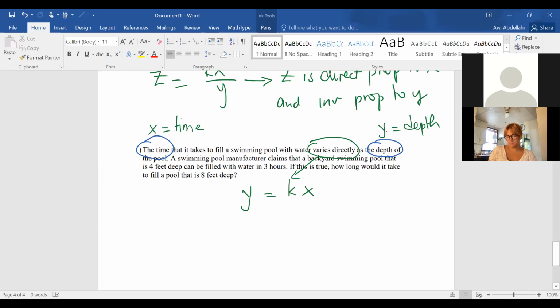Because remember, Y represents the depth. So the 4 feet here, and then the X is what? How long we need to fill the 4 feet deep pool? We need 3 hours, right? So you have 4 is equal to K times 3. You divide by 3, you divide by 3, so you get K equal to 4 over 3.